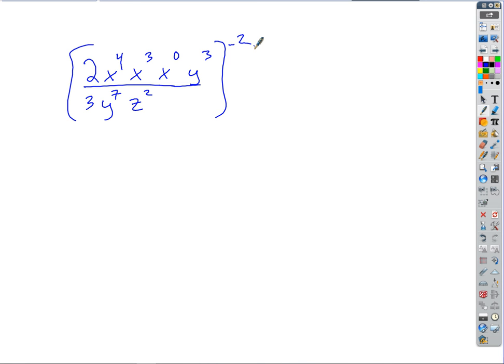We just got to follow order of operations, right? So what are we going to do first? Okay, so let's flip it over. Good idea. Let's flip this whole thing over.